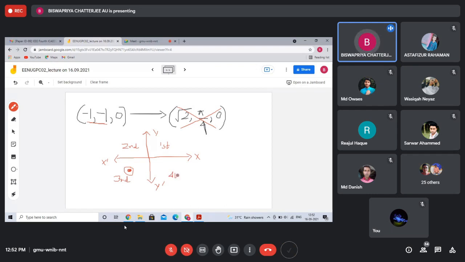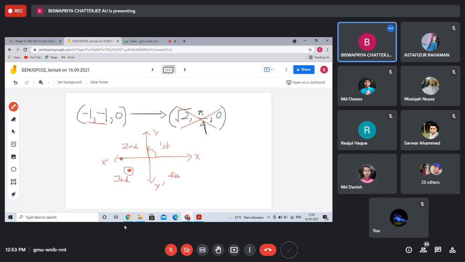So -1, -1 will be situated in the third quadrant. What is the range of the angle in the third quadrant? Sir, pi to 3 pi by 2.